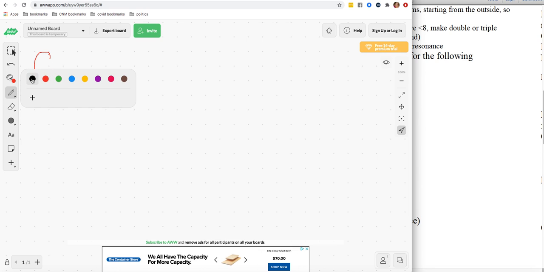Carbon is 4, so 2 carbons are going to have 8 electrons, 2 times 4. And H6. Each hydrogen has 1 electron, so 6 hydrogens have 6 electrons. So we've got a total of 14.